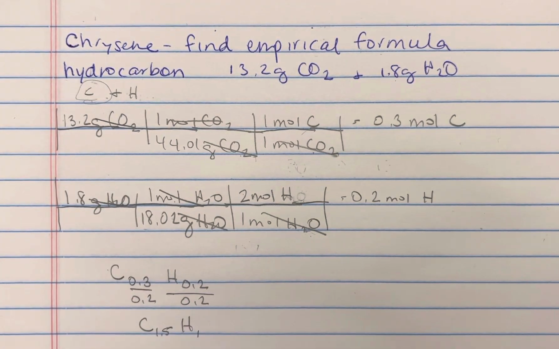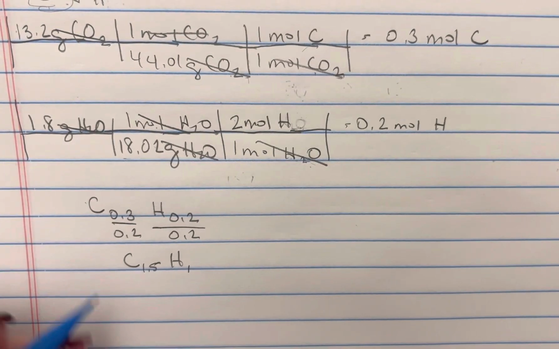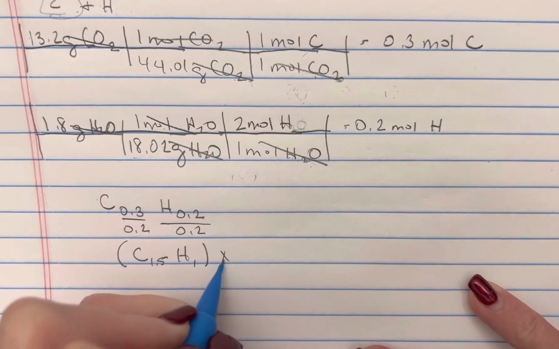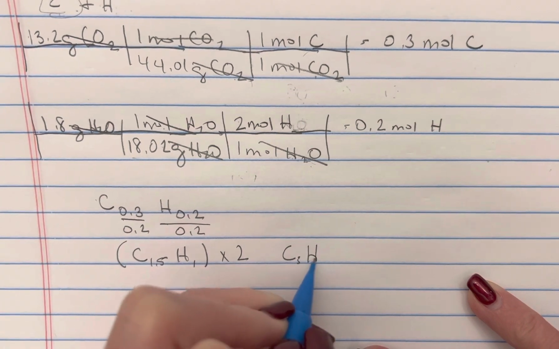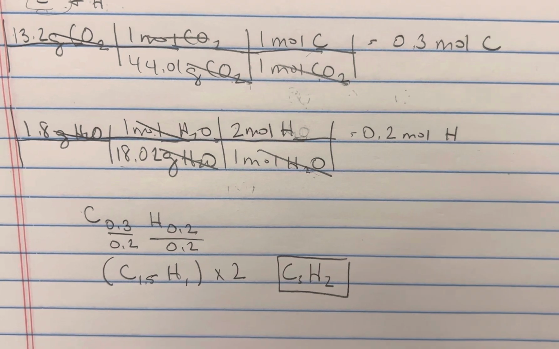And hydrogen 1. Now remember, we can't have any decimals, so we need to clear this. And so the easiest way to clear a 1.5 is to multiply everything by 2. So that would give us C3H2. And that's the empirical formula.